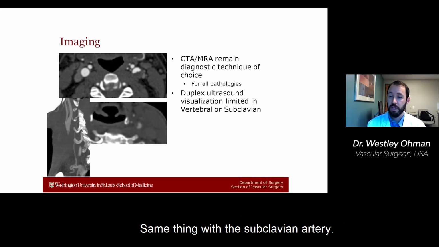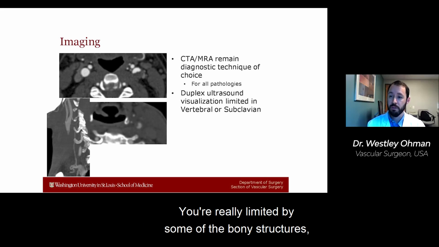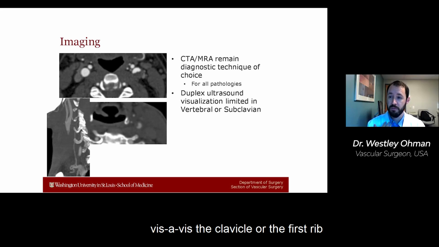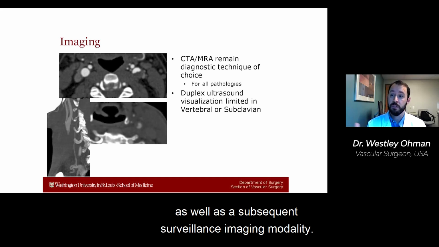Same thing with the subclavian artery. You're really limited by some of the bony structures, vis-a-vis the clavicle or the first rib, to get good visualization. And so CT and MRI have replaced duplex as a first line, as well as a subsequent surveillance imaging modality.